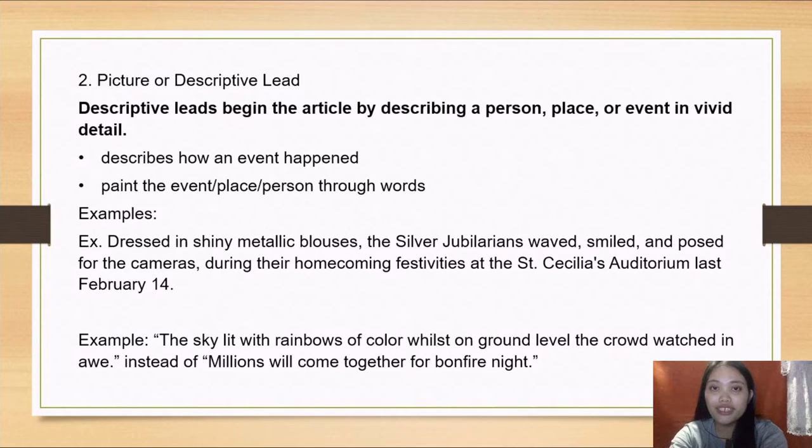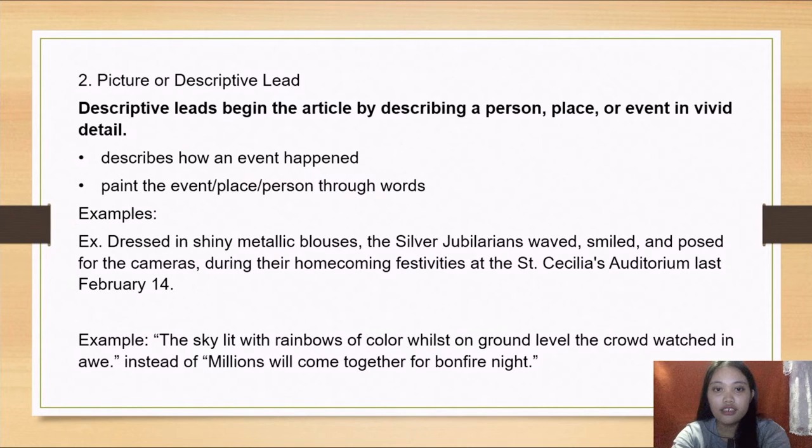These are the action words. As you can see, the writer used many action words and adjectives. So from here, it is very obvious that this statement is a picture descriptive lead.